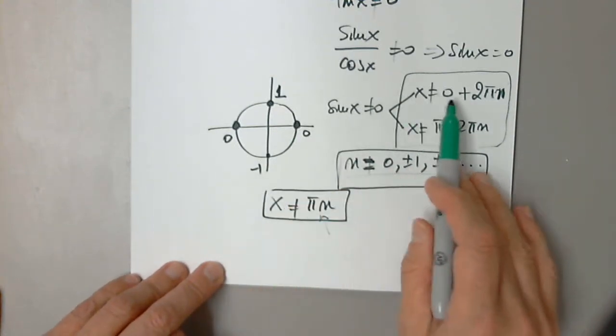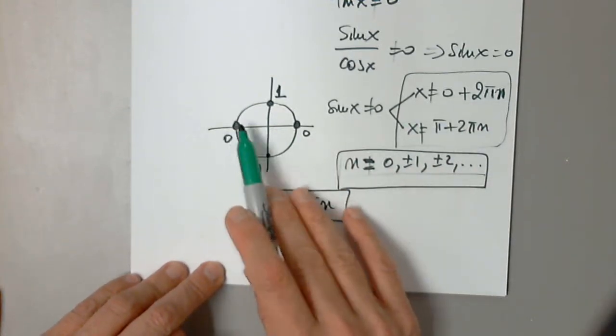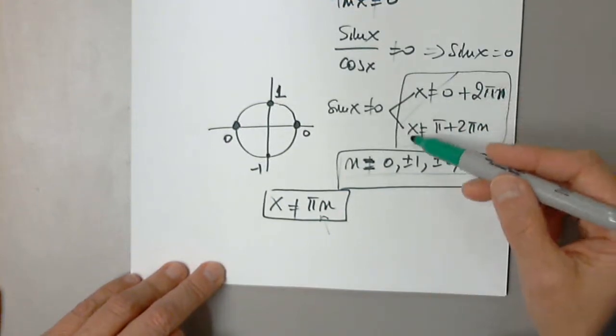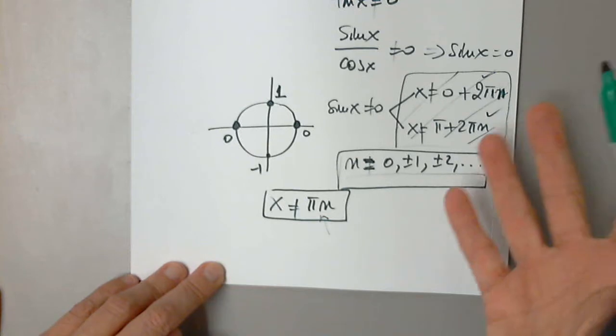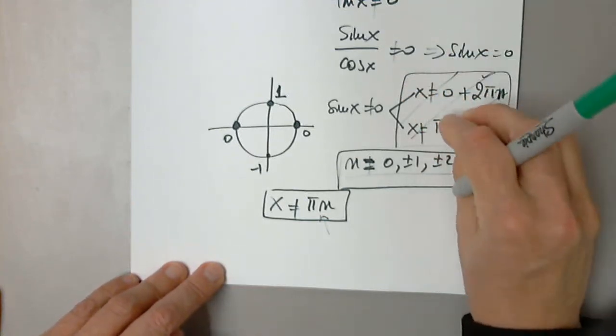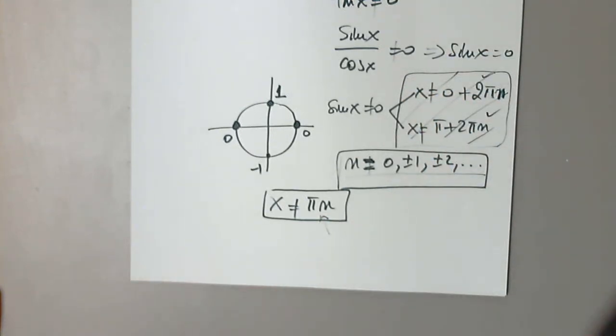So 0 plus 2 pi n, pi plus 2 pi n. But you don't have to keep two; both are correct. This is the correct solution, but you can condense them into this one. These two solutions are here. Does it make sense? Is it clear? So the problem was for tangent not to be 0, because then we cannot apply log to it. We cannot apply log to 0.